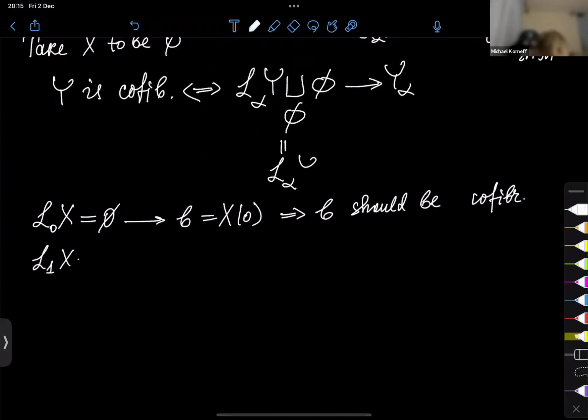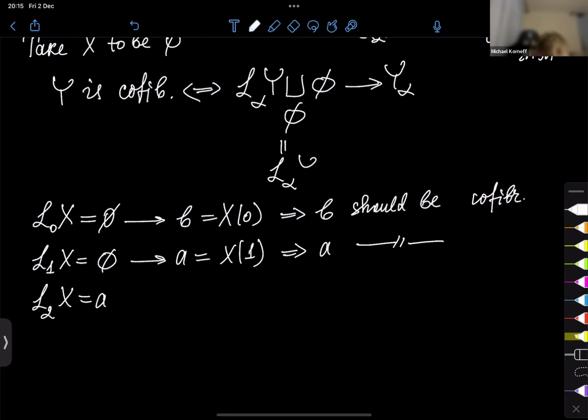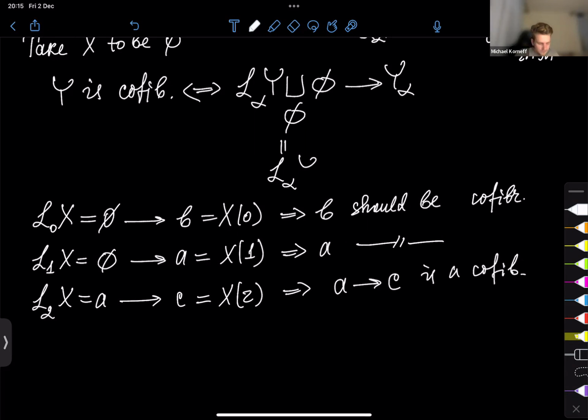Also, this map is a cofibration, so A should be cofibrant, and this one should be a cofibration, so the map from A to C is a cofibration.